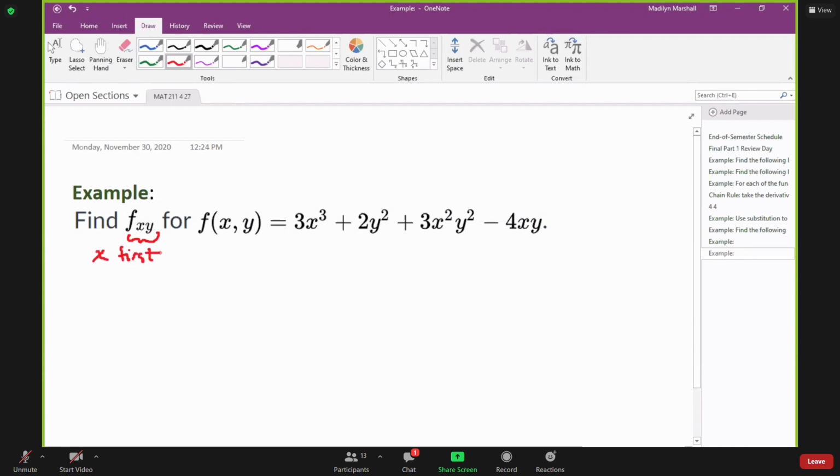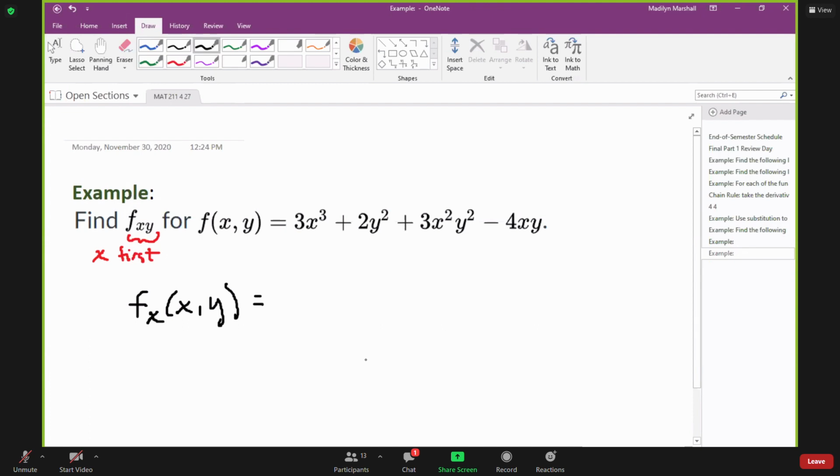The one that's closest to the f comes first. So we will find fx. And I left off the xy here. The important part is doing the derivative. It doesn't really matter if we write just f with a little x or f with a little x, y.